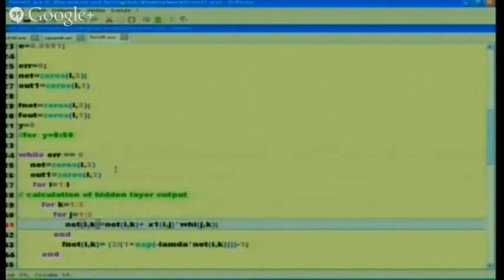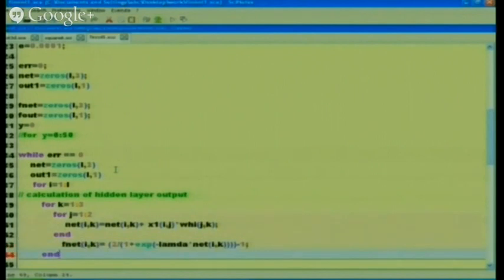Now for i equal to 1 to L, what is L? It is the size of the input. Why have we taken the size of the input and put it in L? Because we want to execute the loop for so many inputs. Let us say we have 10 inputs. We want the neural network to take the first input first, update the weights, then take the second input, update, third, fourth, fifth, like this.